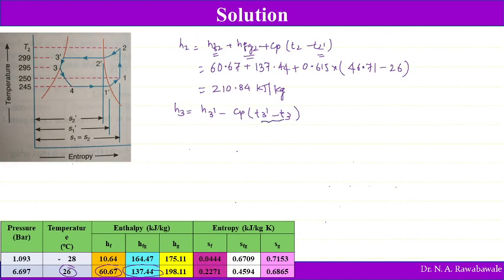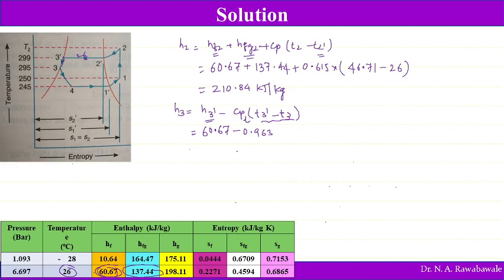So this temperature difference is 4 degrees Celsius. So H3 dash at the temperature of 26 degrees Celsius is 60.67. So this is 60.67 minus CP, which is 0.963. So this is CP of liquid.